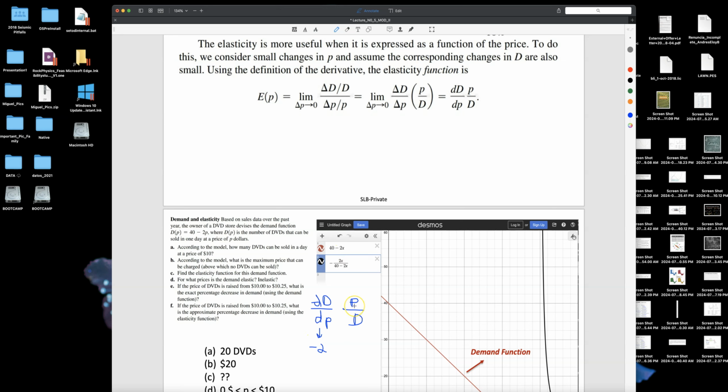Then I'm going to take the independent variable, which is the price, and divide that by the demand function. The demand function is 40 minus 2p.